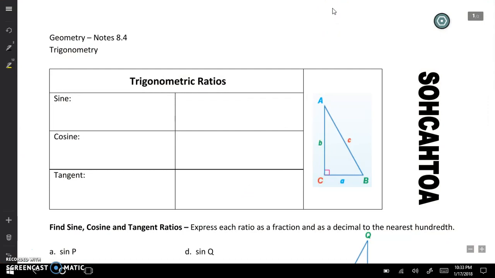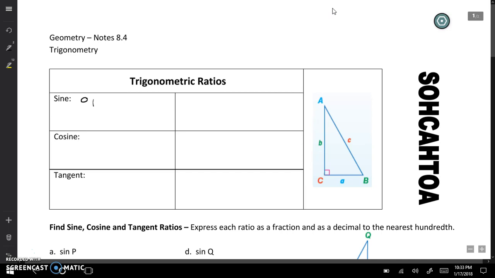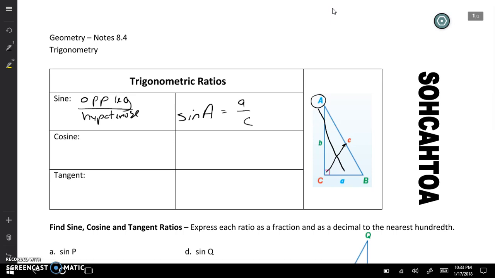The sine in the right triangle is the opposite leg from your angle over the hypotenuse. For example, if we were going to find the sine of angle A, that's that angle right there, we go to the side that's across from it, which is little a, over the hypotenuse, which is C. And remember, the hypotenuse is always across from the right angle.